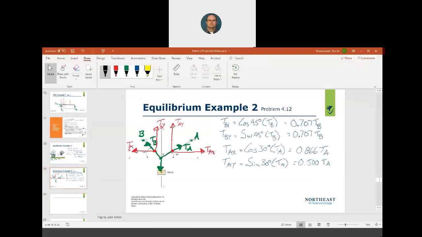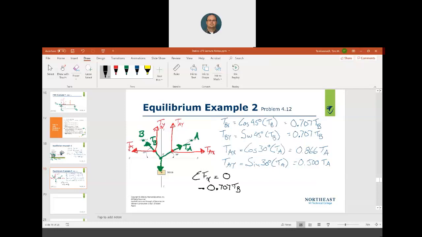Okay, so the sum of the forces in the x direction has to equal 0. So I have TBX. It's negative, right? So minus 0.707 TB.